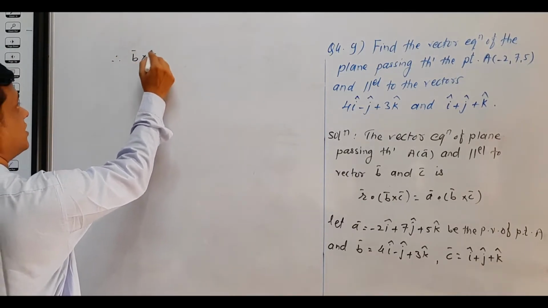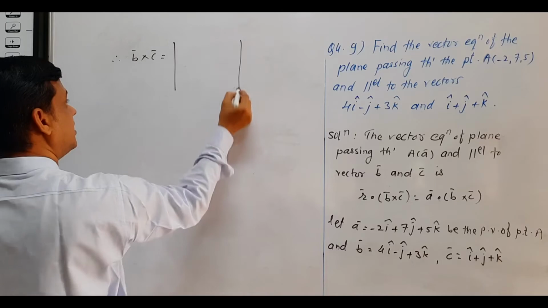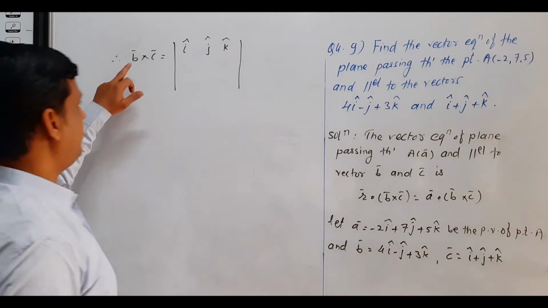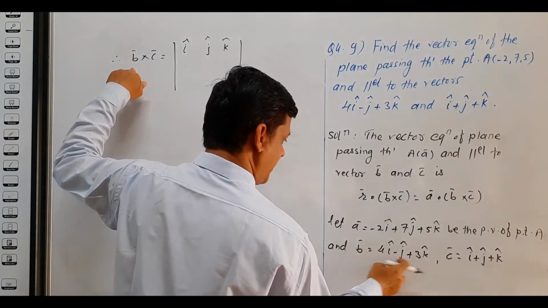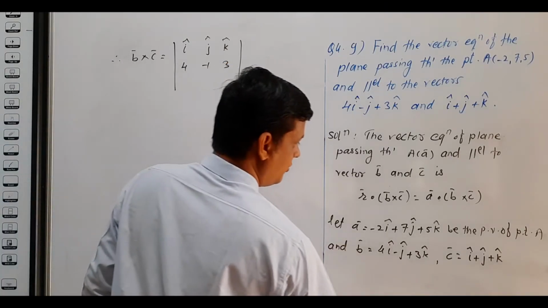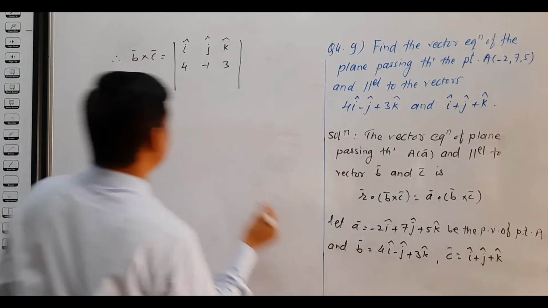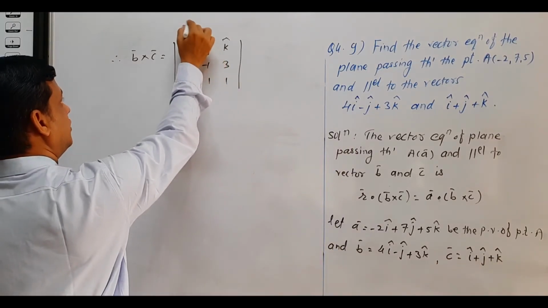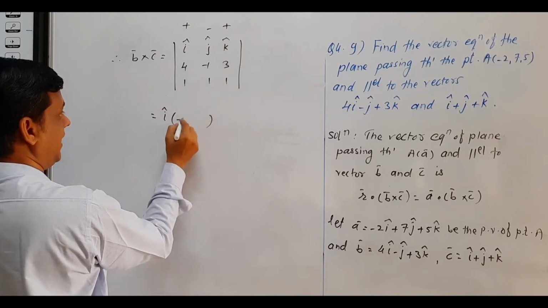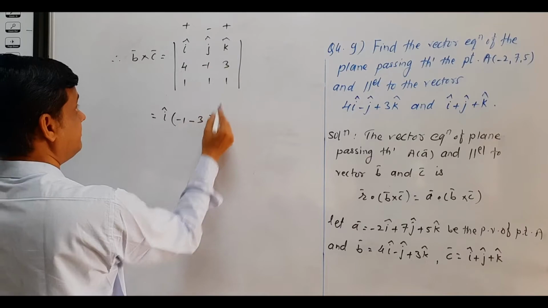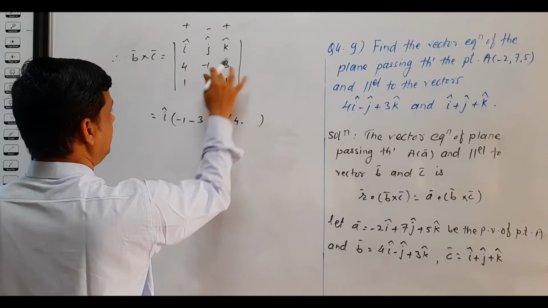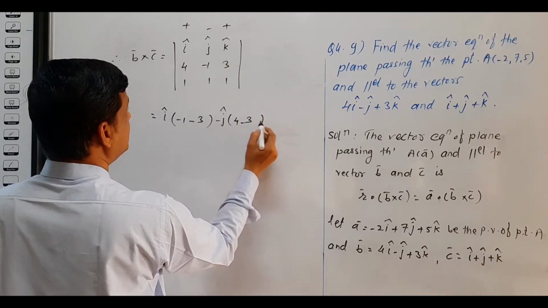Therefore, for b-bar cross c-bar we use the determinant. In the first row write i, j, k, then in the second row the coefficients of i, j, k of vector b, that is 4, minus 1, 3, then the coefficients for vector c: 1, 1, 1. Now solve this determinant. i times (minus 1 into 1 is minus 1, minus 1 into 3 is 3), so minus 1 minus 3 which is minus 4i. Minus j times (4 into 1 is 4, minus 1 into 3 is 3), 4 minus 3 is 1, so minus j.